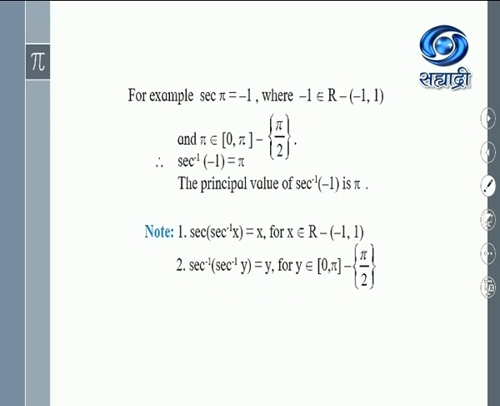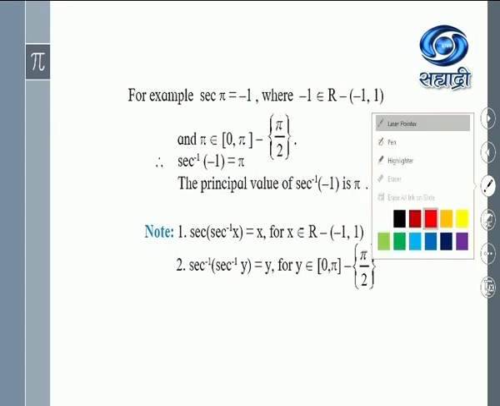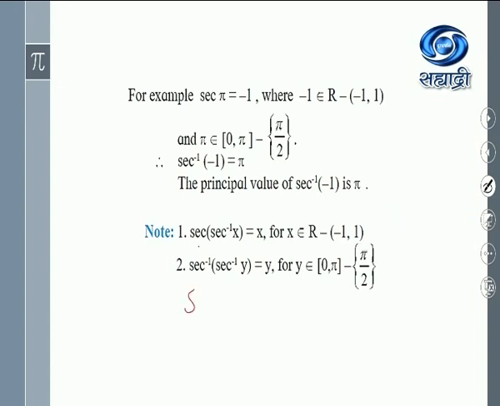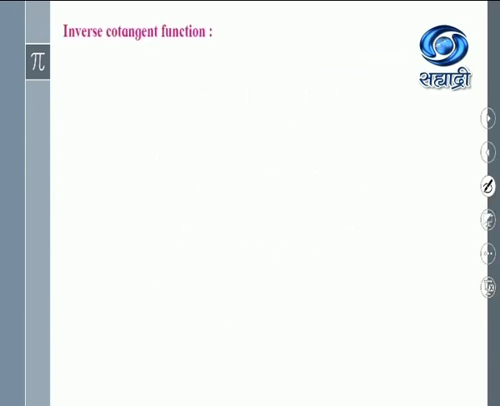And actually, this should be sec of sec inverse; we write this as sec inverse of sec y, and this is again y, for y belonging to the closed interval 0 comma pi minus the singleton pi by 2. Getting it? So these two are very, very important. Sec of sec inverse x is x, and sec inverse of sec y is also y. So please remember these two as a rule.